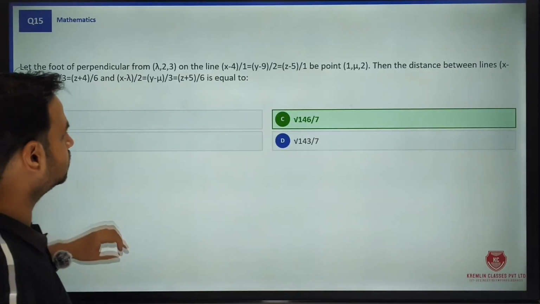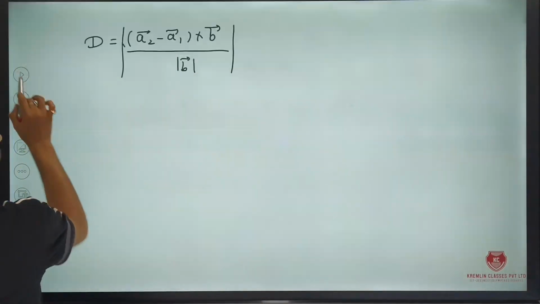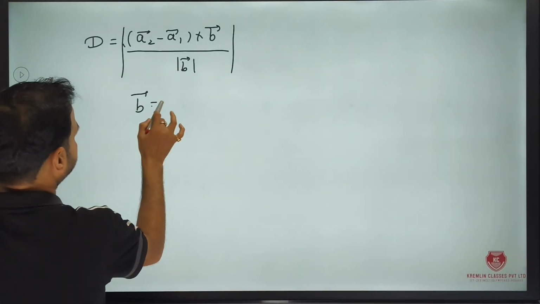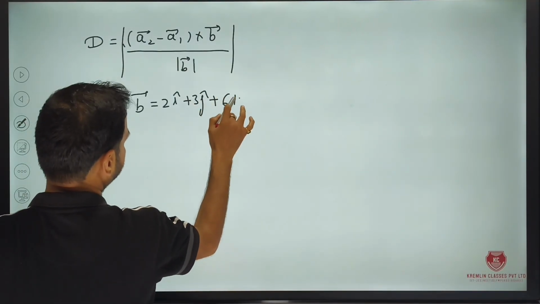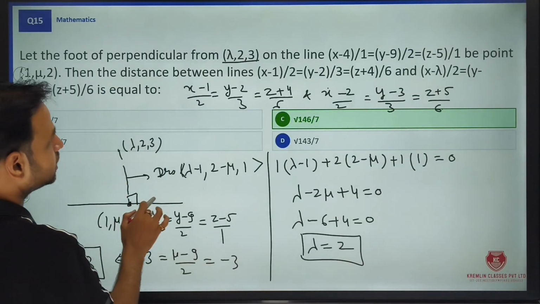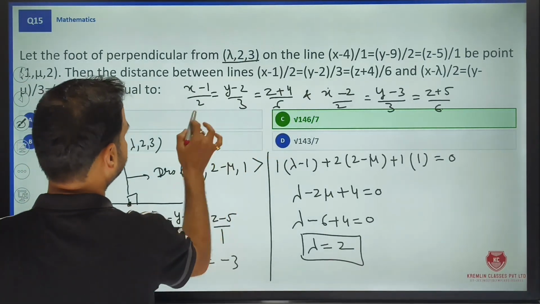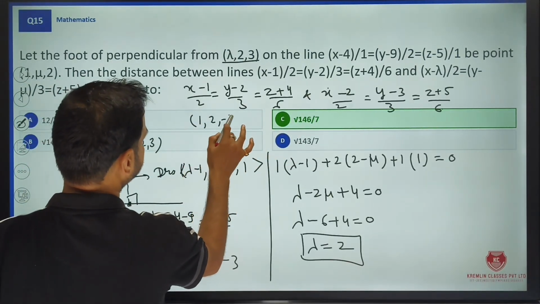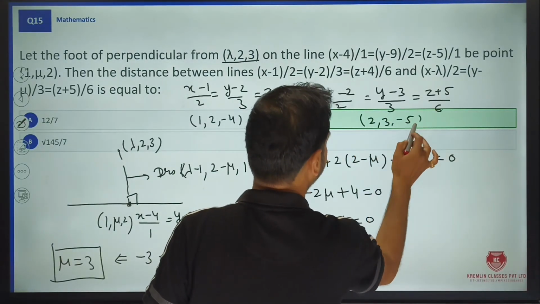What is b vector? B vector is given by the direction ratios. So b vector is 2i cap plus 3j cap plus 6k cap. What is a2 minus a1? The point on this line is 1, 2, minus 4, and the point on this line is 2, 3, minus 5.